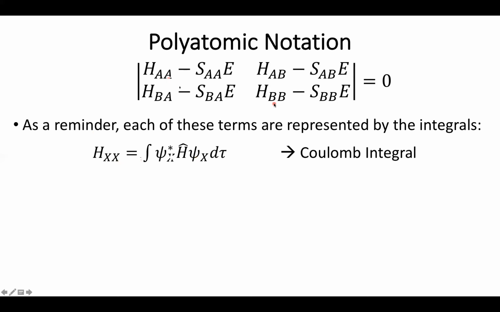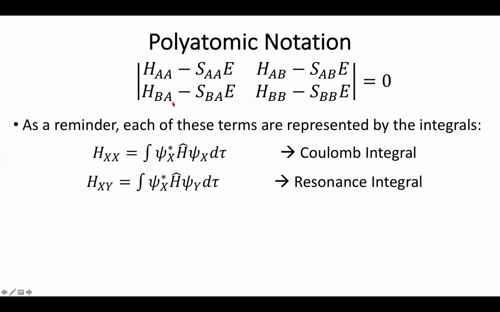This is wonderful if orbitals A and B are eigenfunctions. However, they rarely are. So it's often better to think about these as expectation values instead. Now, what gets a little bit more problematic is when we have AB and BA. In this case, these are our resonance integrals. So this is applying the Hamiltonian to wave function y and then the complex conjugate of x.